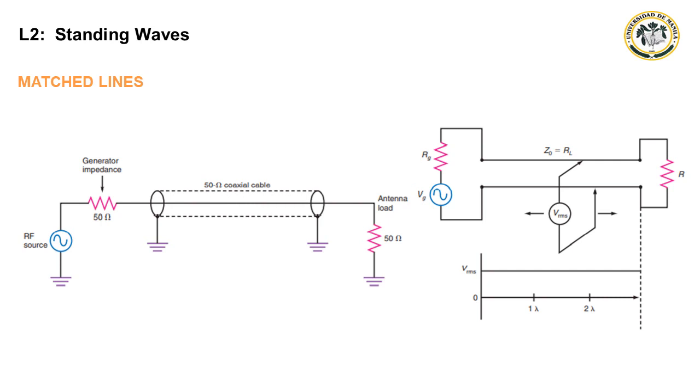This is called a matched line. For example, a 50 ohm coaxial cable should be terminated with a 50 ohm resistance as shown. If the load is an antenna, then the antenna should look like a resistance of 50 ohms.